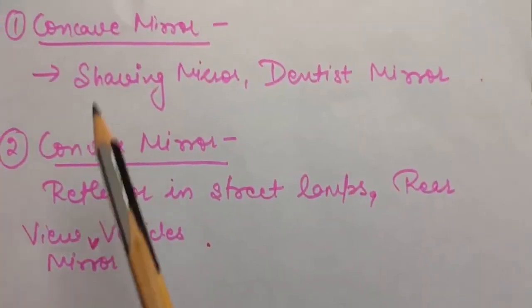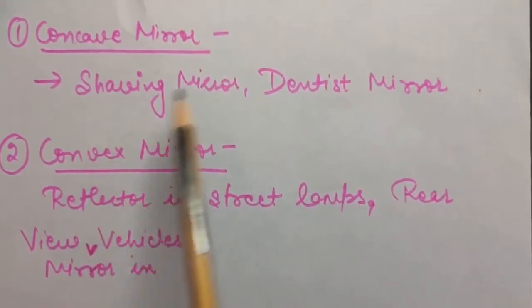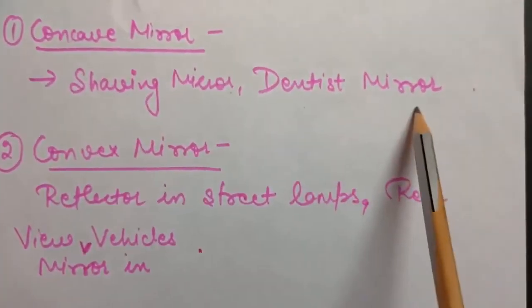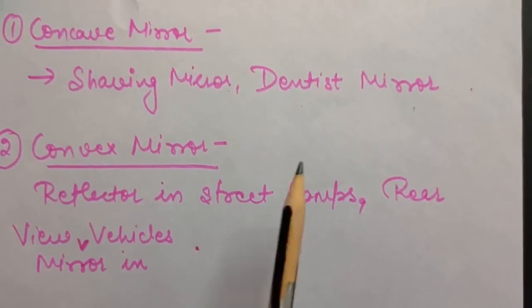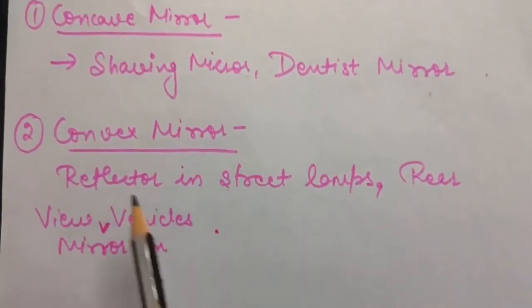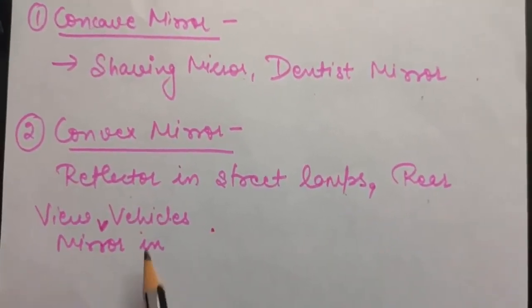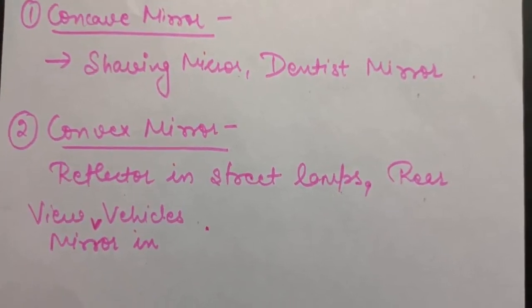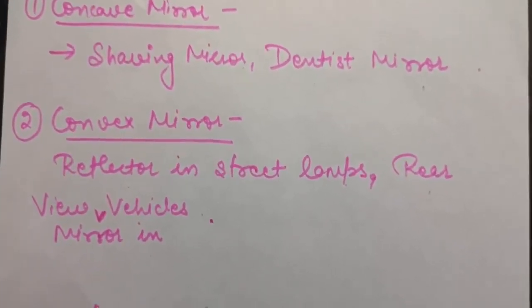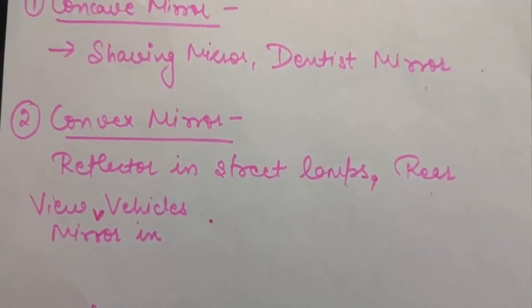If we now talk about the uses of mirrors, the concave mirror is used as a shaving mirror or a dentist mirror. There are many more uses; I am just telling 2 uses of each mirror. And a convex mirror is used as a reflector in street lamps, or as a rear view mirror in vehicles. All of you have seen the rear view mirror attached to vehicles.